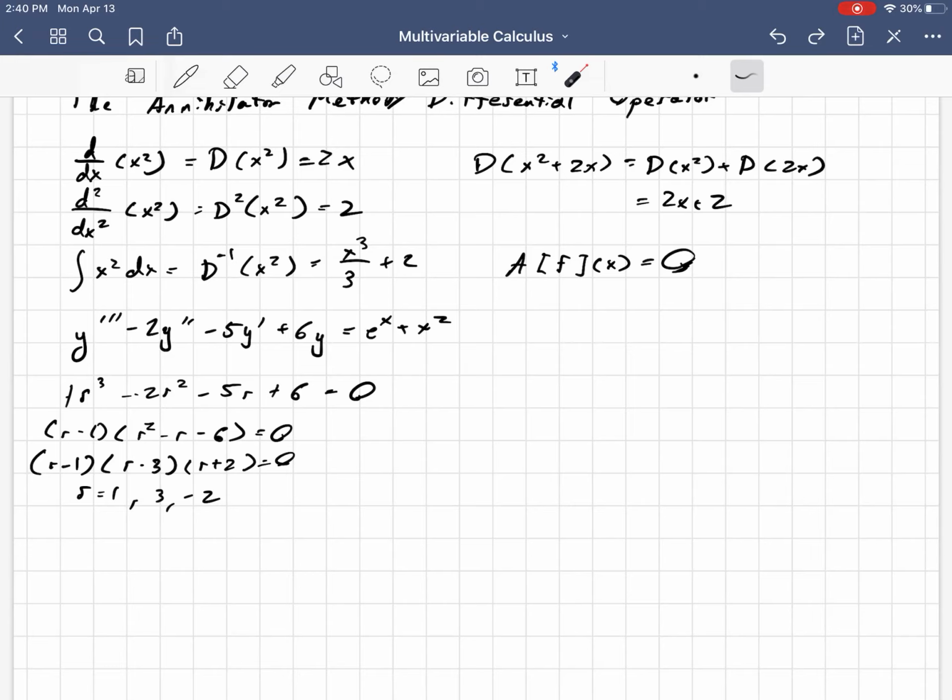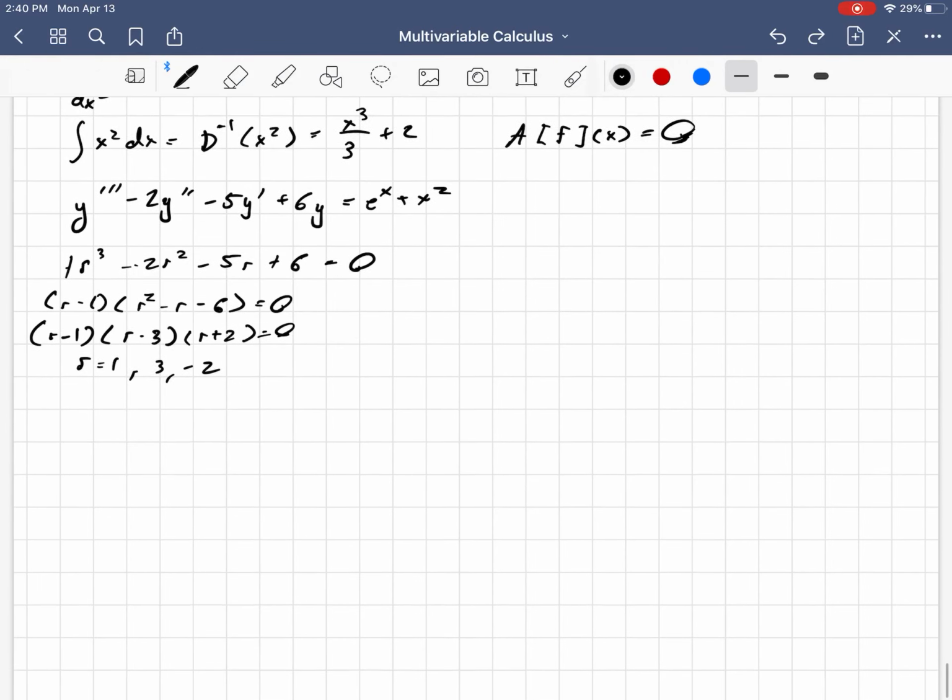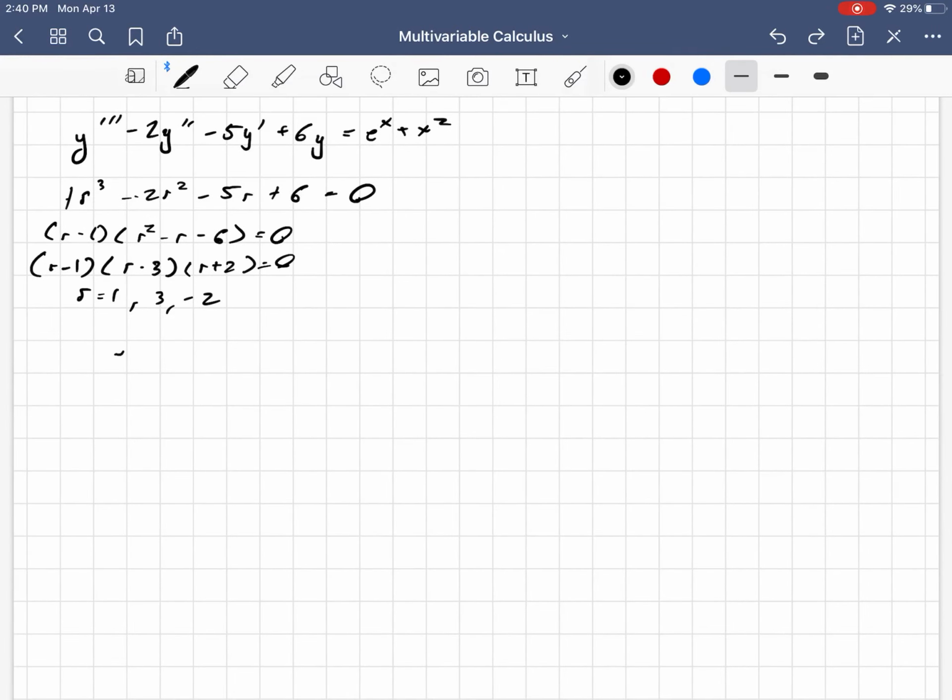Because if we apply some differential annihilator operator to both sides, we'll just get some homogeneous differential equation here. It might be of order more than 3, like 5 or something, but it'll be equal to 0. And so what it'll really come down to is just finding roots to the characteristic equation, which is just an algebra problem.